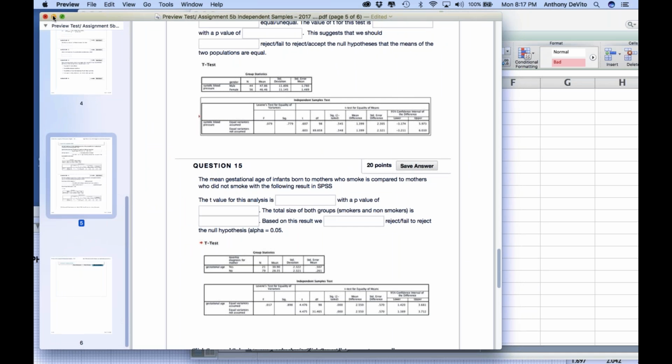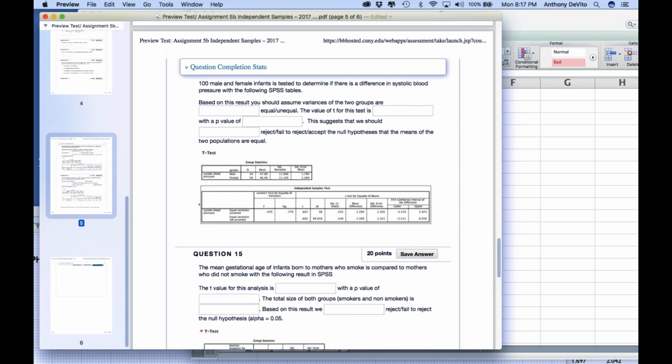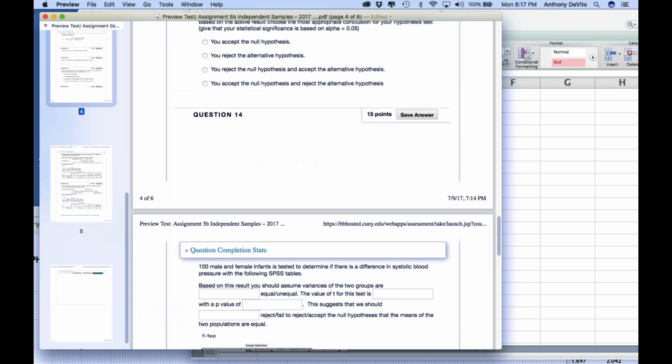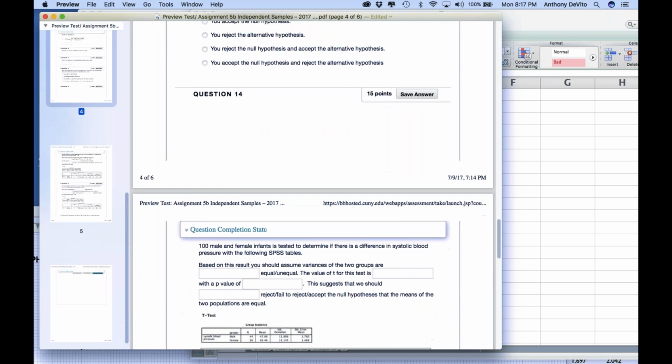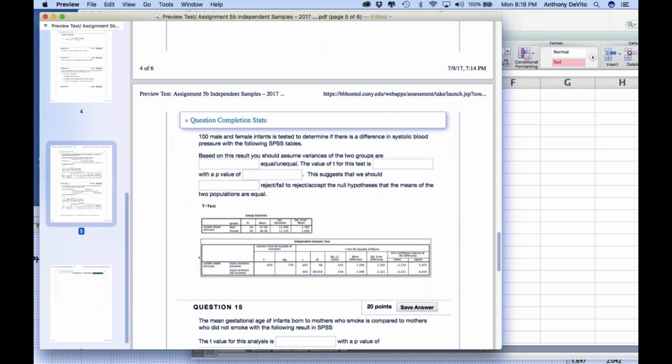Oh, okay, on question 14. We accept the null hypothesis? On question 14, we reject the null hypothesis because, remember, what was the t-value that we calculated? No, the t-score. Question 14 says 0.607.